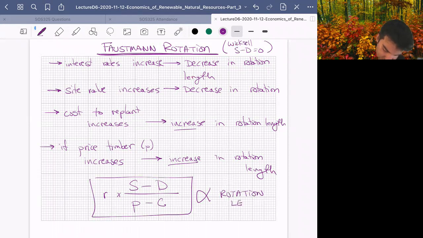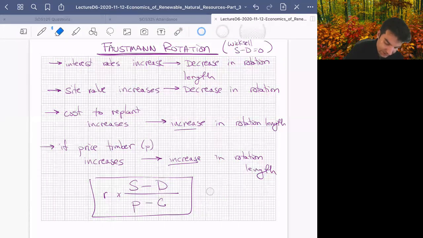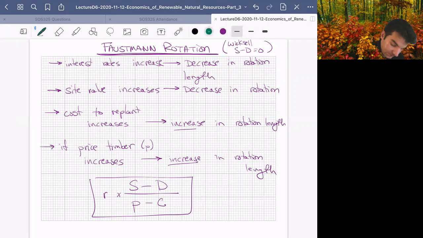It's not actually inversely proportional, but it moves in the opposite direction. I'll write it: inversely proportional to rotation length.